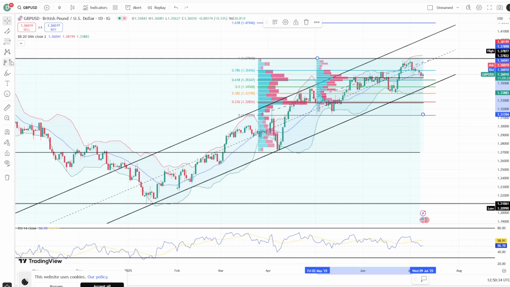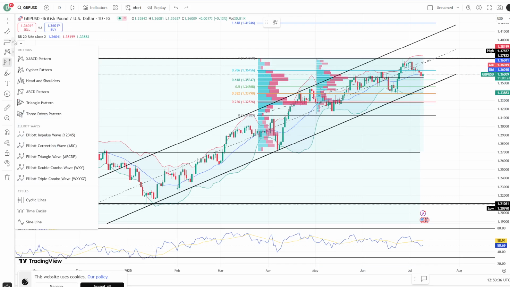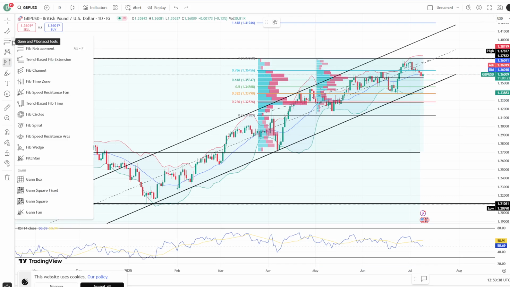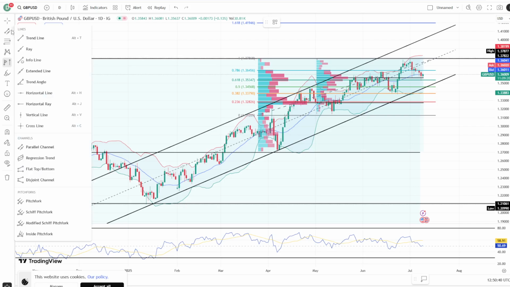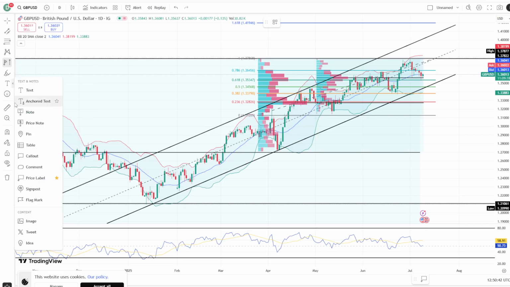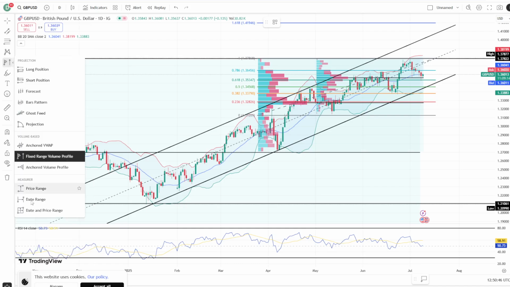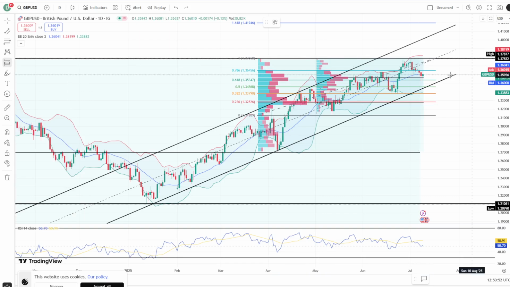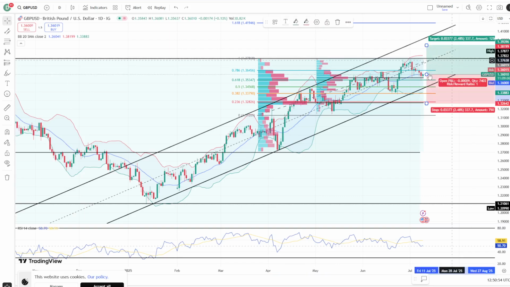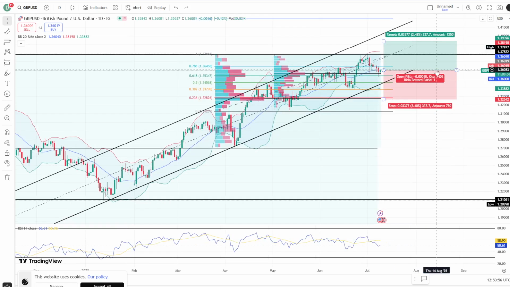Let's see if we can have a practical example. Where is that annoying thing that shows you the position? Okay, long short position. Let's say I want to buy long here, and then risk reward.